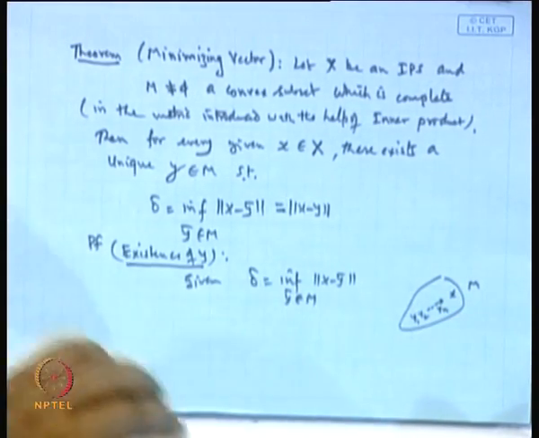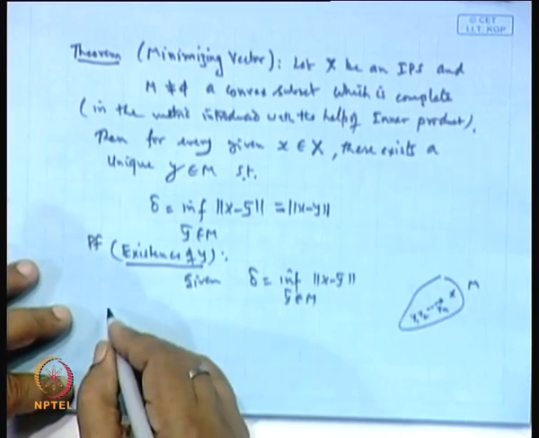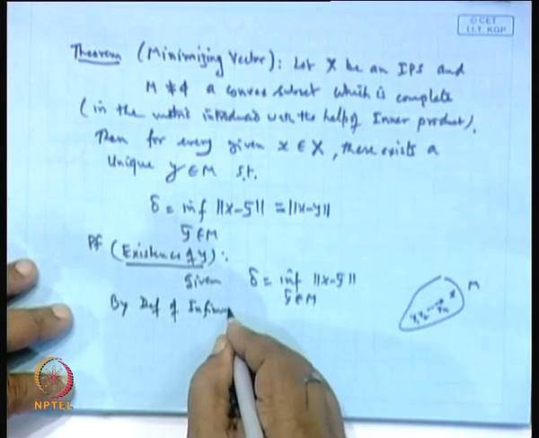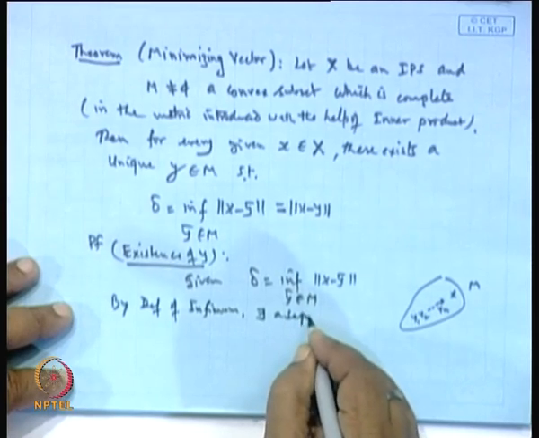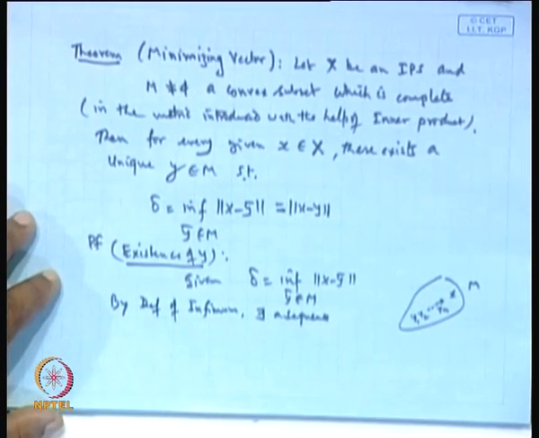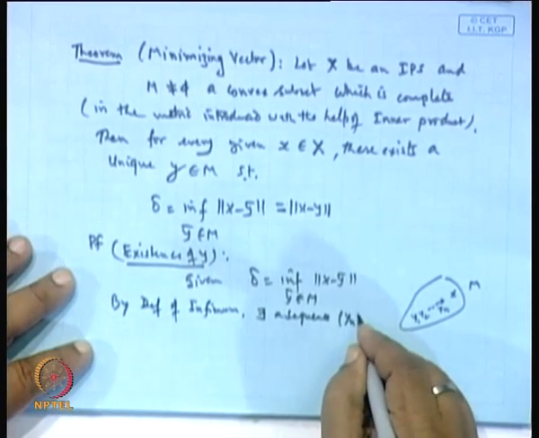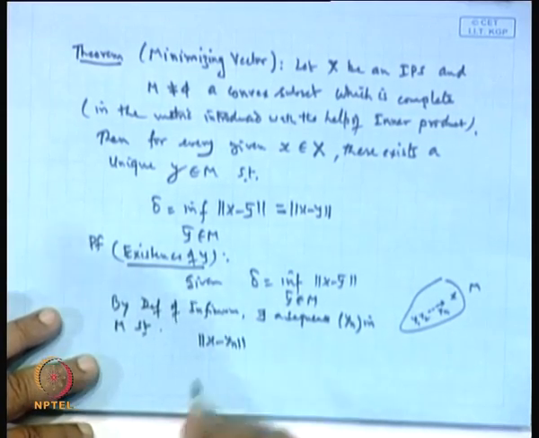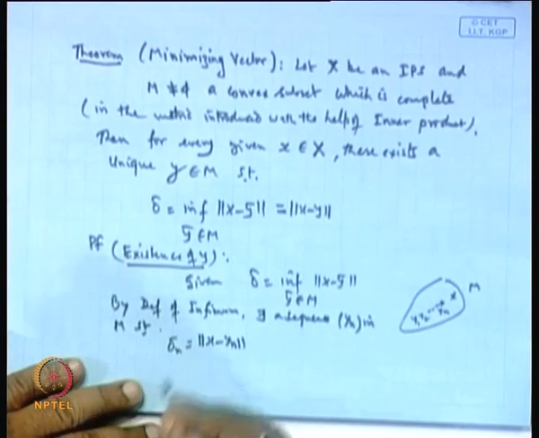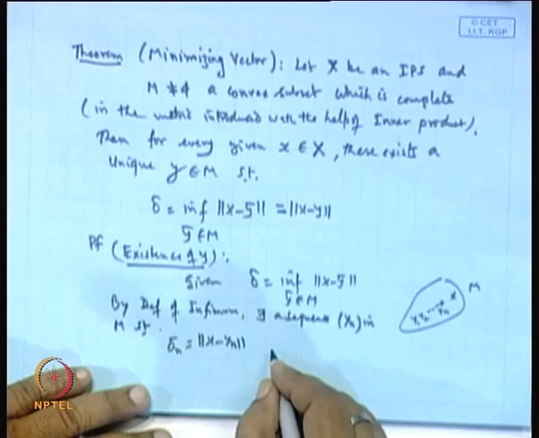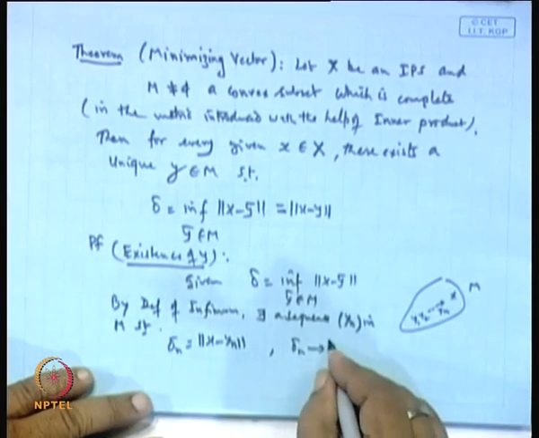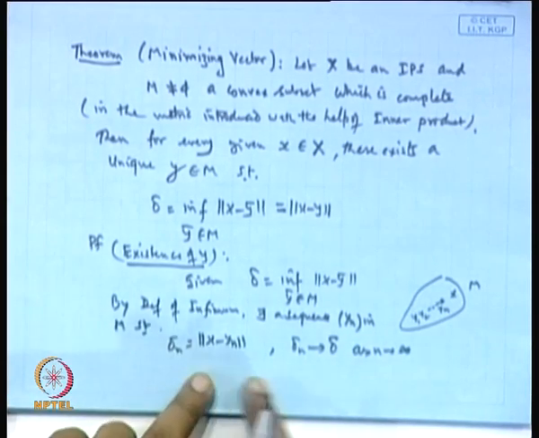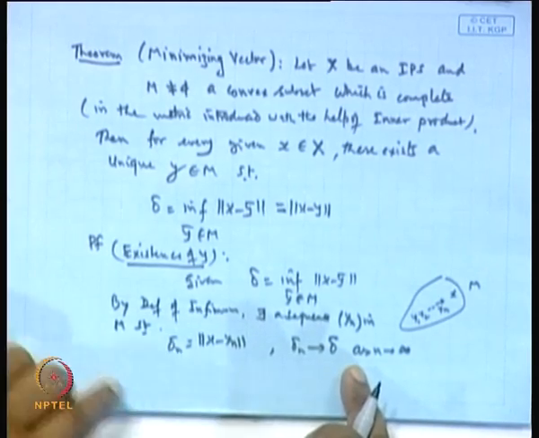So, by definition of the infimum, there exists a sequence yn in M such that norm of x minus yn, say equal to delta n, goes to delta as n tends to infinity.